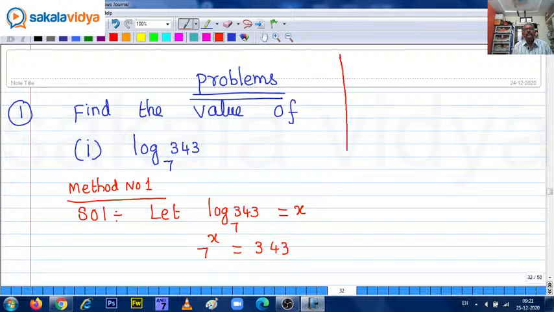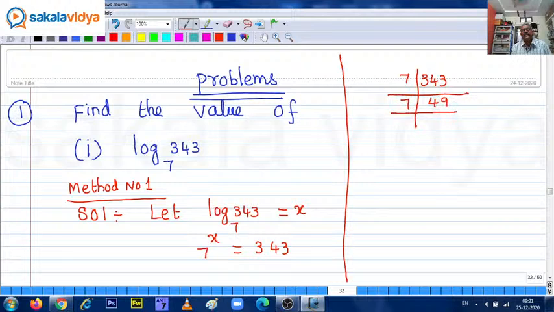Now this 343 we can write by factorization. 7 4s are 28, 7 5s are 35, 28 means 63, 7 9s are 63, once again 7 7s are 49. That means 343 equals 7 cube. This is the rough work.